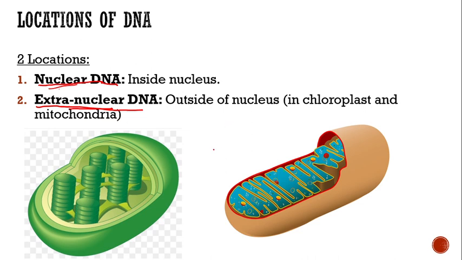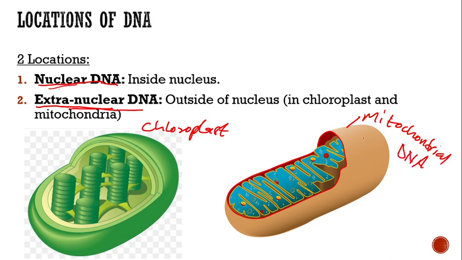So we call it extra nuclear DNA. And where particularly? In the chloroplast, chloroplastic DNA, and then mitochondrial DNA. Mitochondrial DNA and chloroplastic DNA. So those are the types of DNA that we can find in a cell.